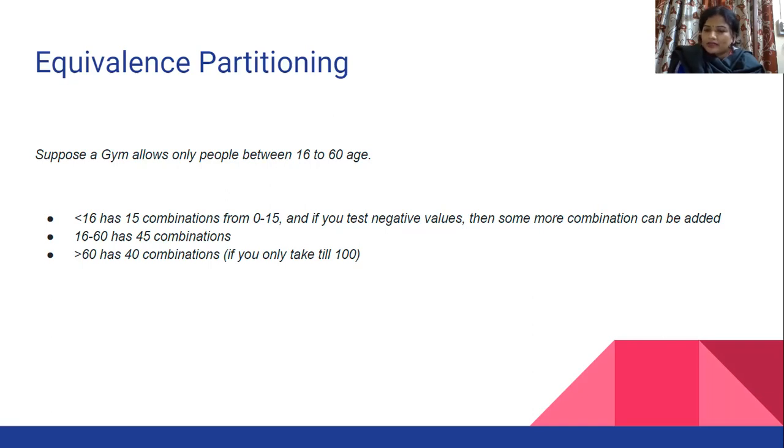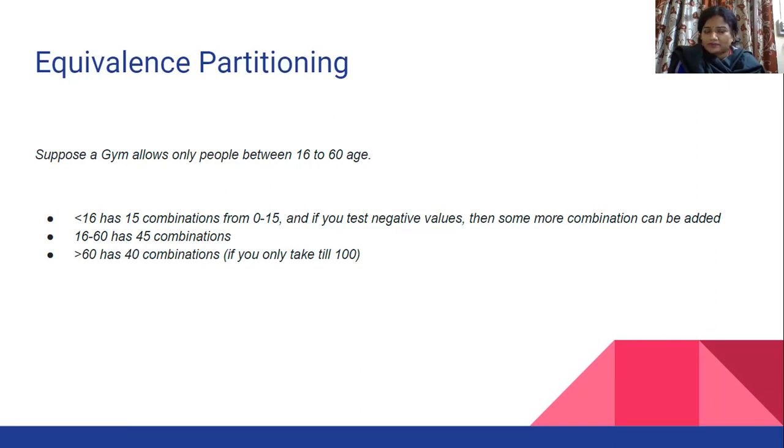It's not possible that I will test for all 100 values. If time permits, we can, but as always less time is there for testing, so we should do efficient testing. That is writing less number of test cases to have maximum test coverage. So there we take help of equivalence partitioning.